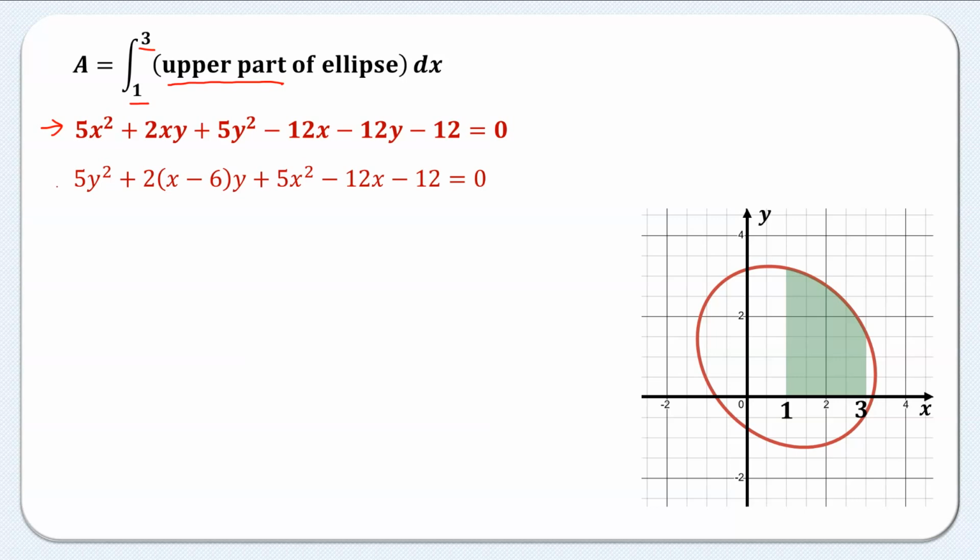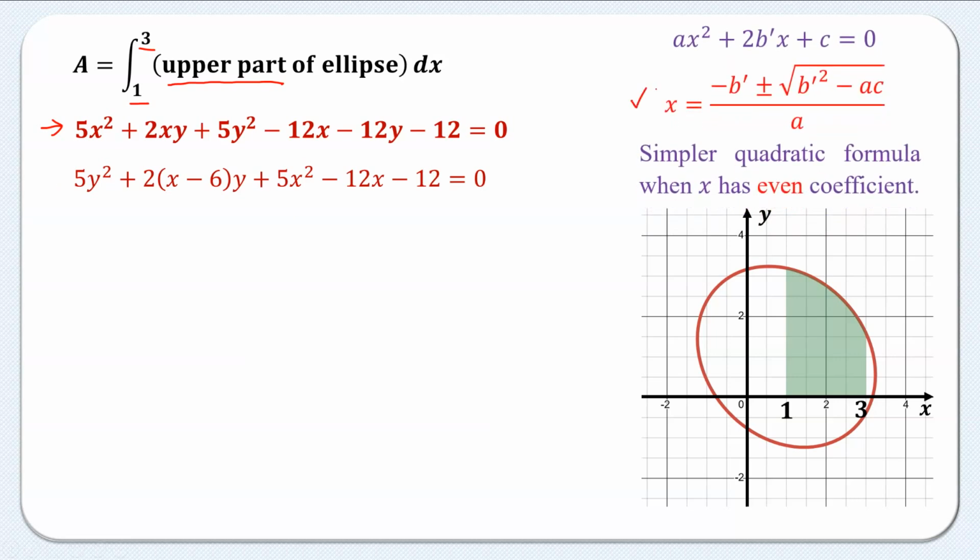We can use the quadratic formula to solve this for y, and actually, let's use the simpler version of the quadratic formula when x has an even coefficient, because that will reduce the amount of calculation to some degree, which is more than welcome since we are about to deal with a somewhat lengthy integral.